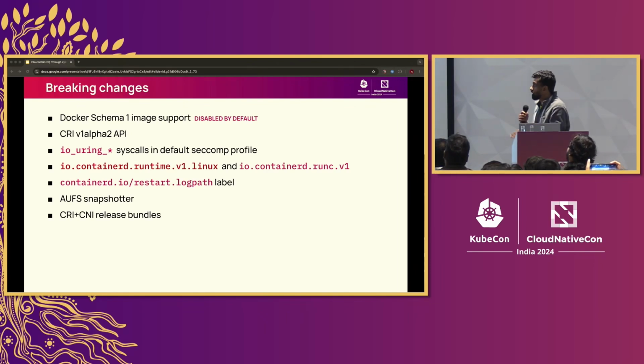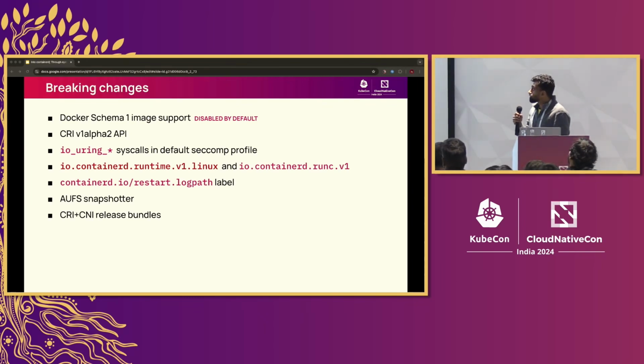Now the CRI v1alpha2 API is removed. I think from Kubernetes 1.27 onwards, we have been using the CRI v1 API. Then there are some changes related to the IO during syscalls, and the Containerd runtime v1 shims have also been deprecated.